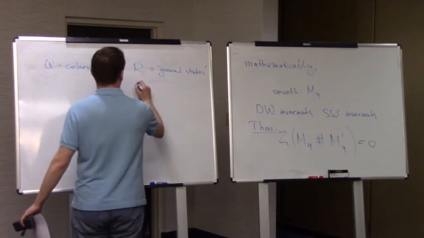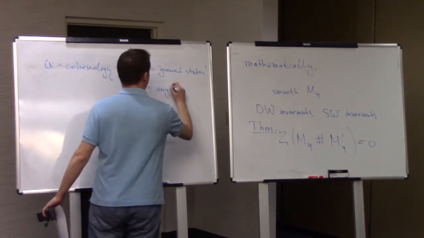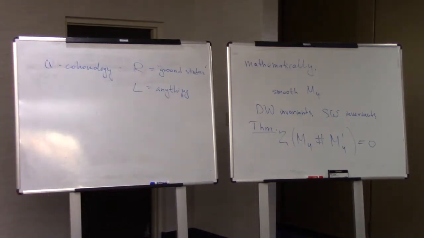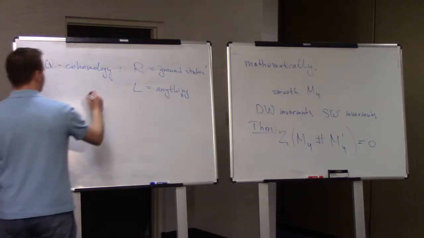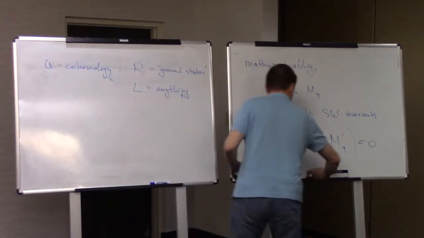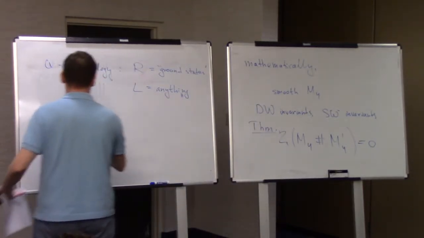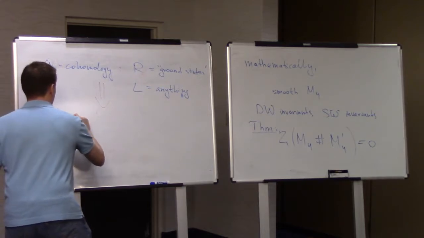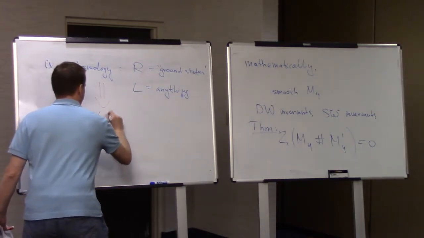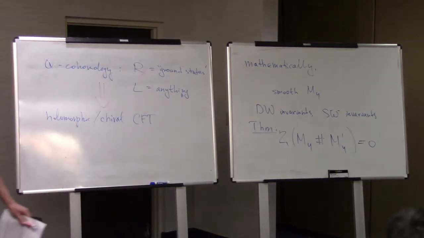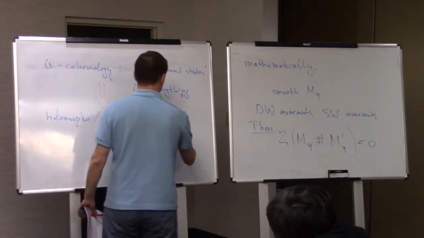And on the left sector, it contains anything, because this is an operation that only has to do with the right sector. As a result of applying Q cohomology, you get what may be called holomorphic or chiral conformal field theory. And this is mathematically what a vertex operator algebra is.